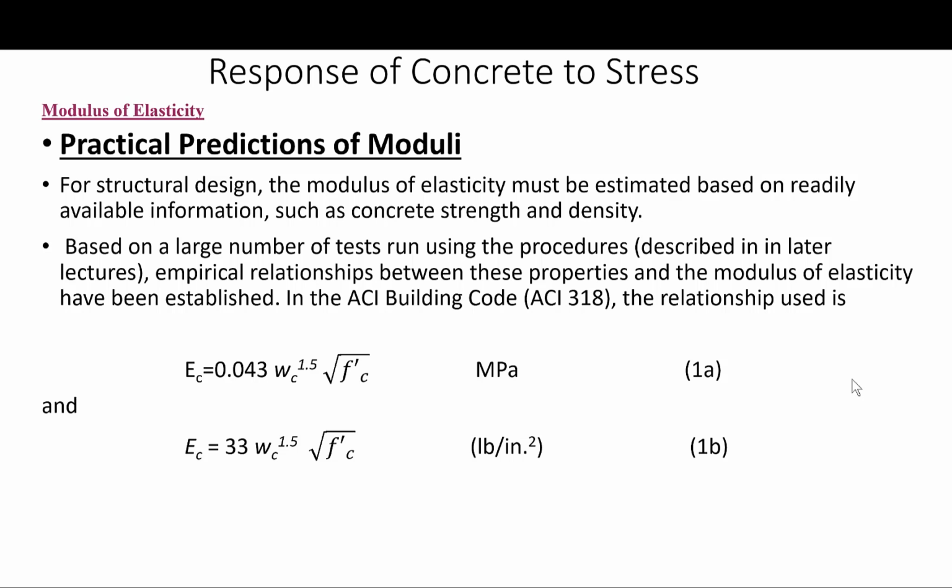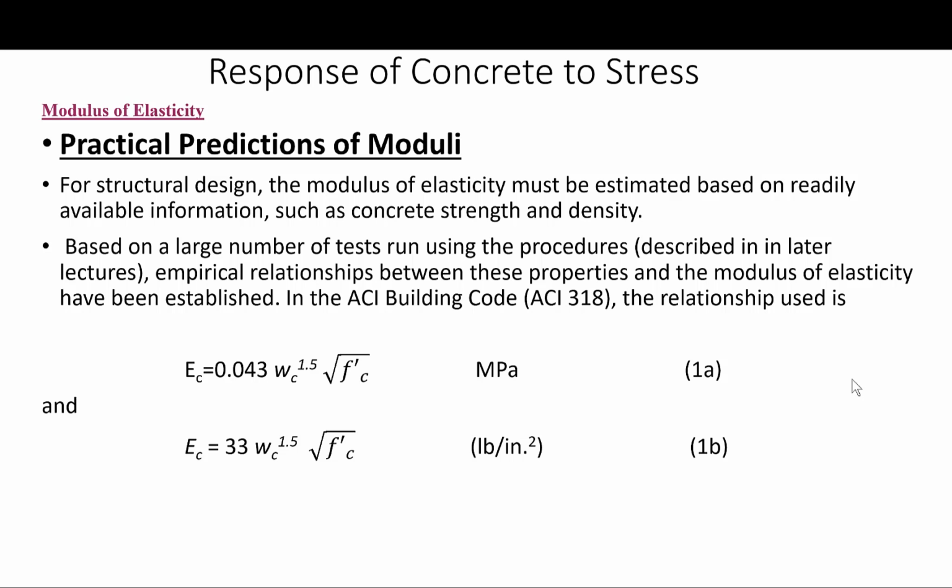The material moduli calculated using the expressions based on the models discussed previously are principally to gain, as I said, a better understanding of the behavior of concrete as a material. For structural design, the modulus of elasticity must be estimated based on readily available information, such as concrete strength and density, values that you could appreciate and feel.